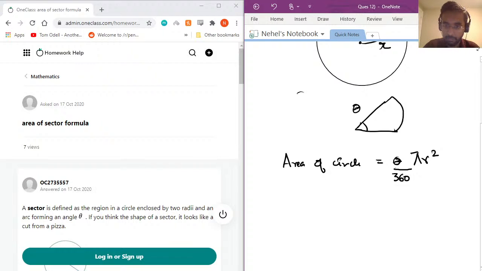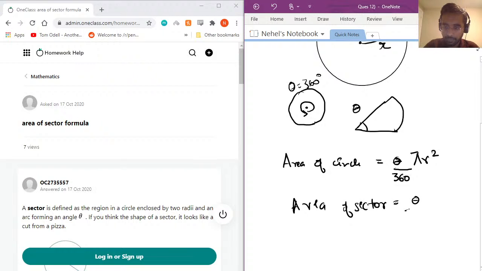In a complete circle, since we go 360 degrees about the center, we say our theta is equal to 360 degrees. However, in the case of the sector, that's not the case. The theta would be different, and if I plug that in, that is the formula for the area of a sector.